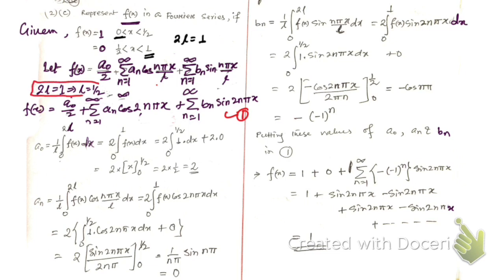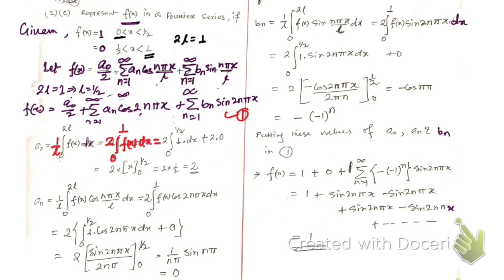Then twice L becomes 1, so the upper limit is 1. And 1 by L is replaced by half, so it's gonna be 2, right? So here we have got 2 integration from 0 to 1 of f of x dx. That is what we have got.